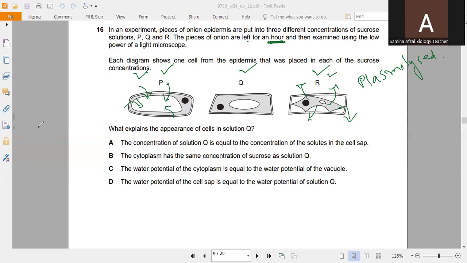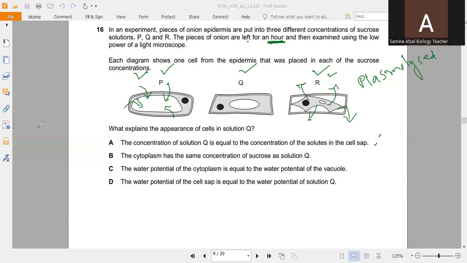So there was no entry of the solution into the cell, or there was no movement of water or the cell sap from the cell outside into the solution. So the first option is the concentration of solution equal to the concentration of solutes in the cell.